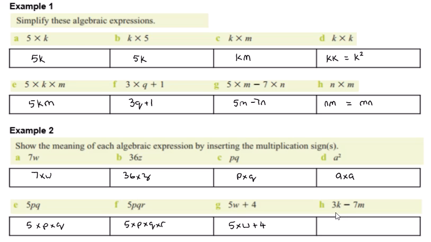And 3k minus 7m is 3 times k minus 7 times m.